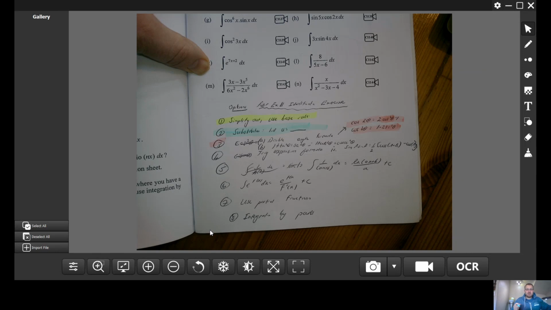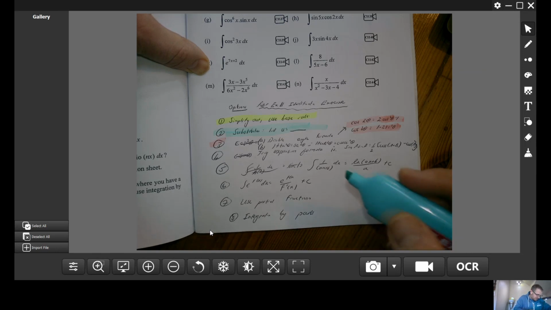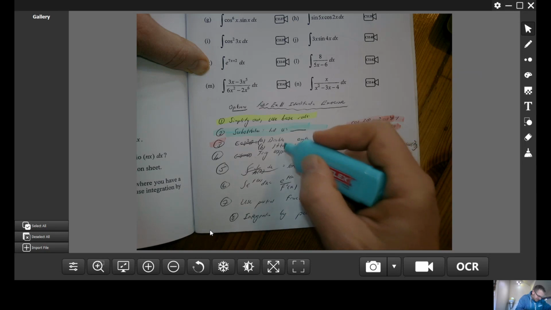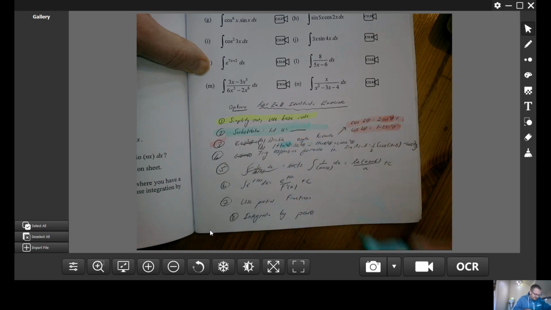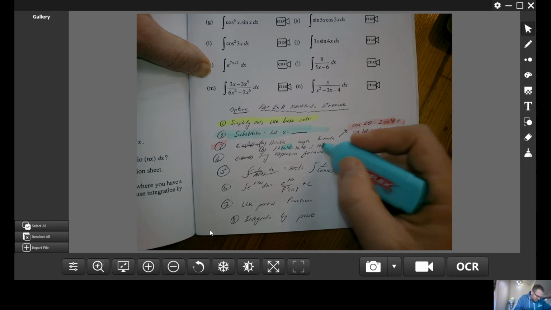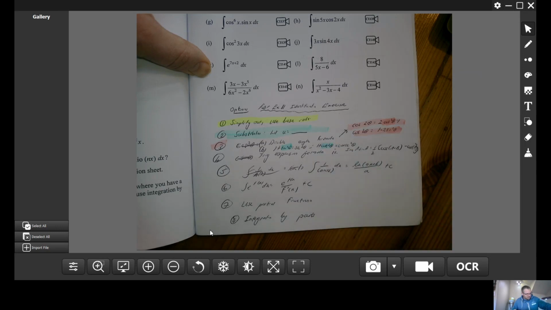For tan and cot, you've got to use the fact that tan squared is equal to sec squared theta minus 1, and that cot squared is equal to cosec squared theta minus 1, because there's an integral of cosec squared and there's an integral of sec squared.